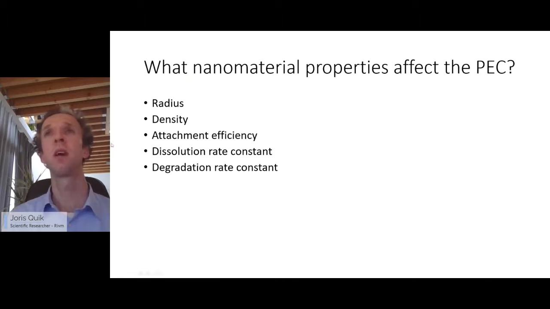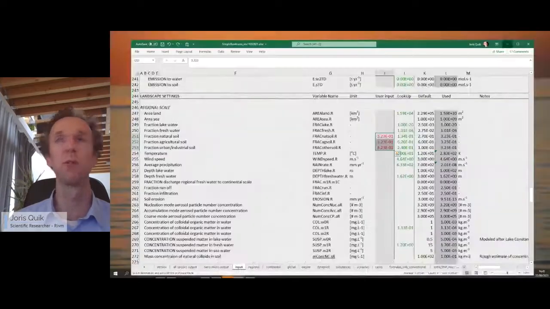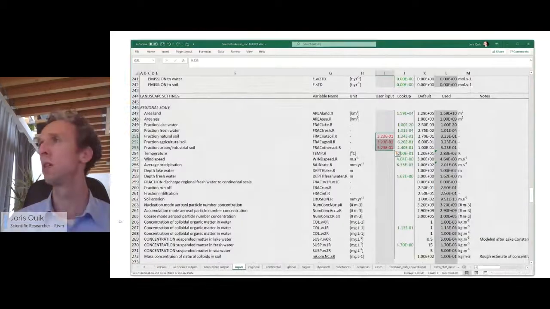Now, it is handy when you want to use the model to try and change some of these and see what happens. For the sake of time, I will not do that in very much detail, but I can show you briefly where this is done.